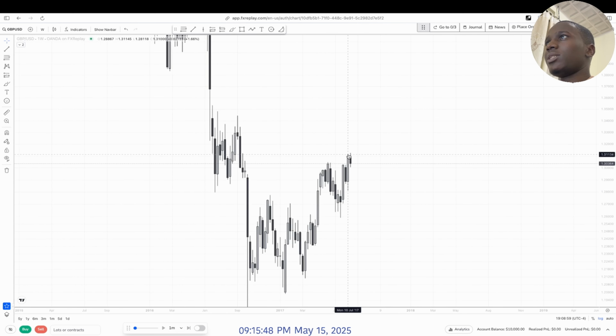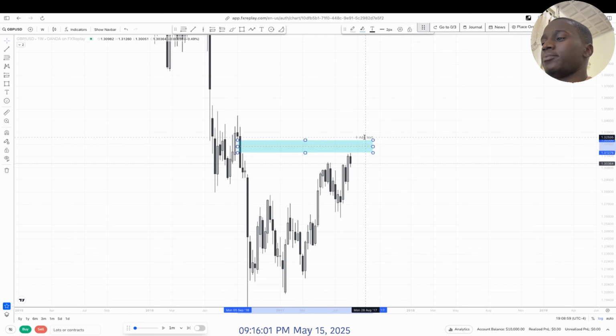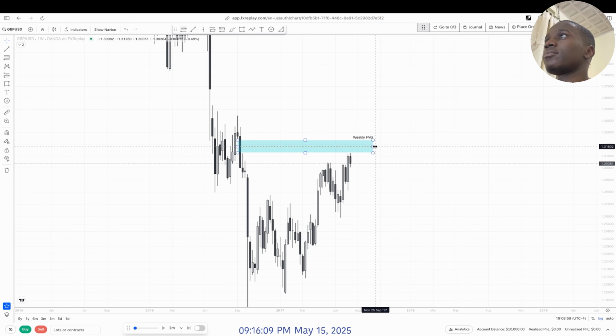you can see weekly high was taken out, and there's currently a weekly fair value gap in here which you haven't tapped into yet. Alright, daily FVG here, retested and we push higher.